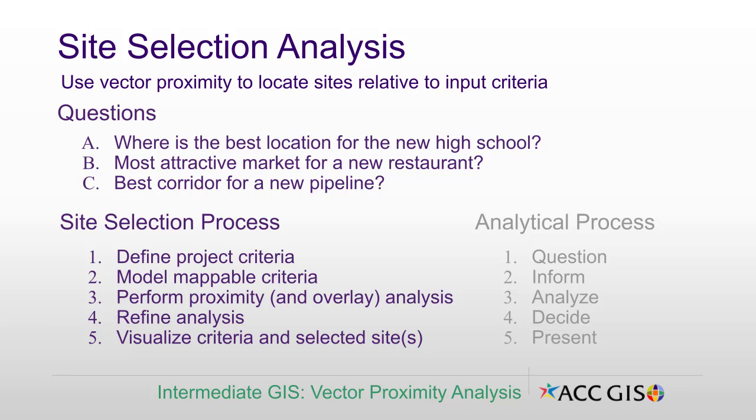So expanding on the analytical process, the first step, question, is to define the project criteria. Next, we inform our analysis by modeling the mappable criteria. Then we analyze our information by performing proximity and overlay analysis. Then we decide on what our results are telling us and refine our analysis. And last, we present our results by visualizing our criteria and selected sites.